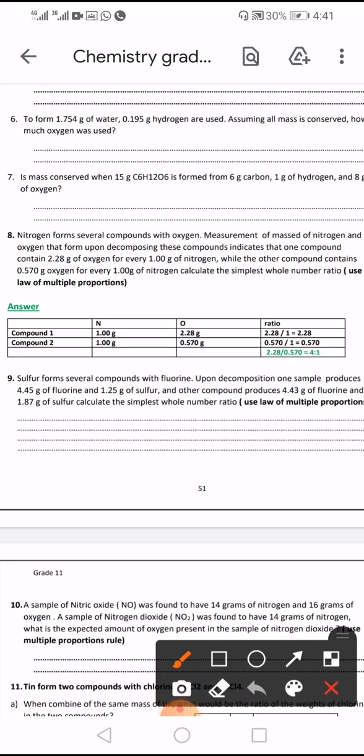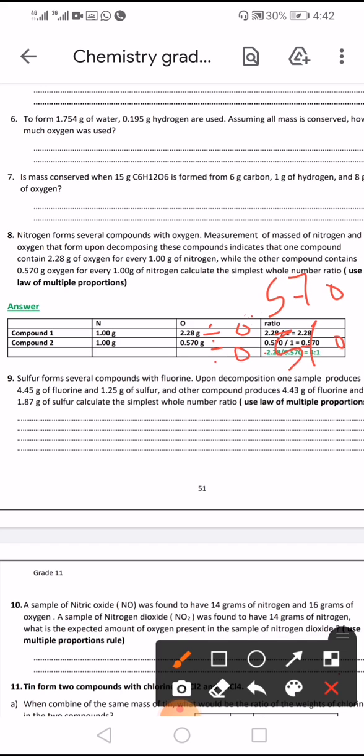So in compound 1 we divide by 0.570, and in compound 2 divided by 0.570.